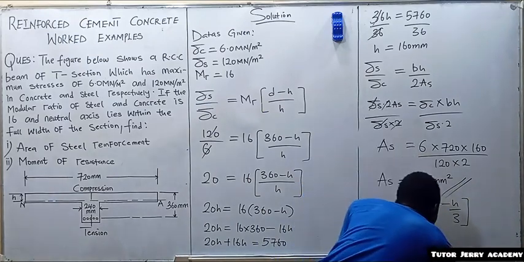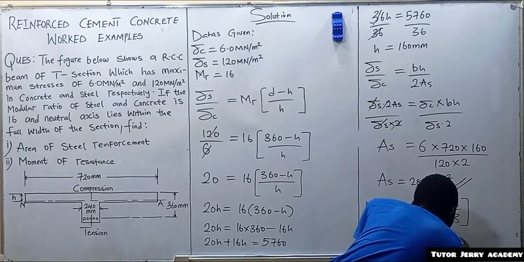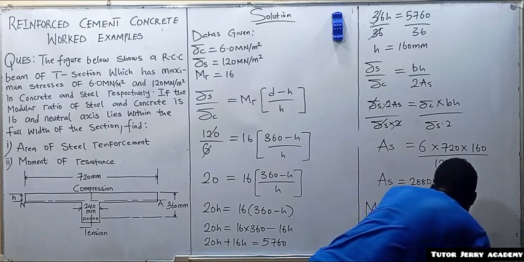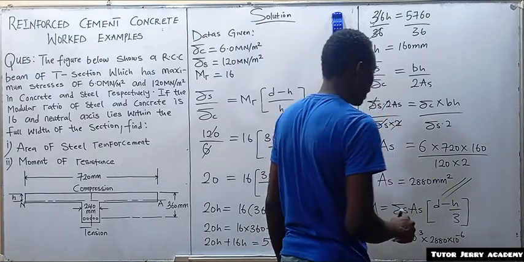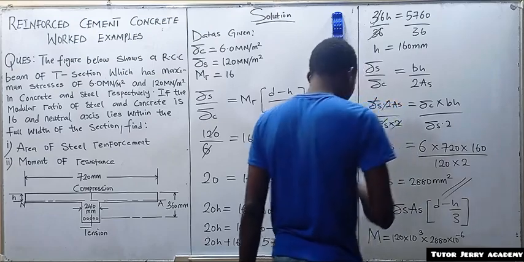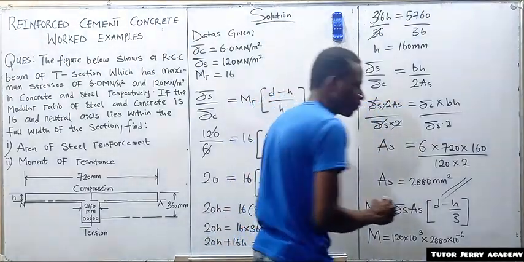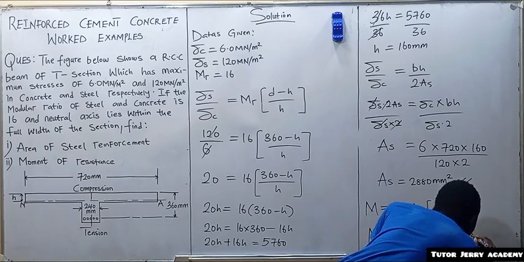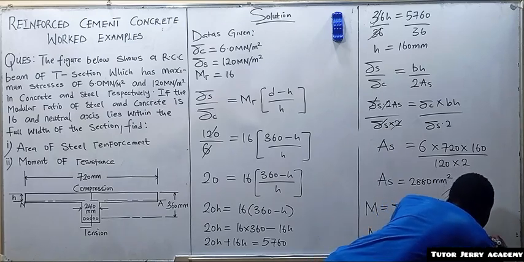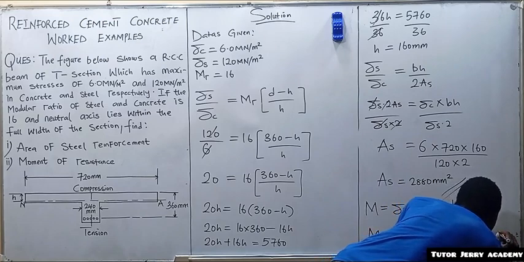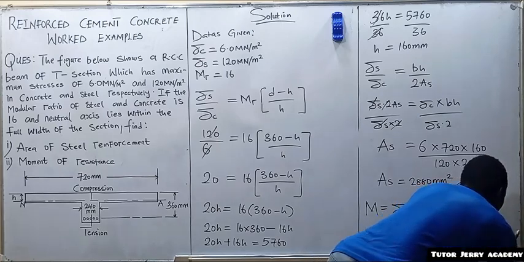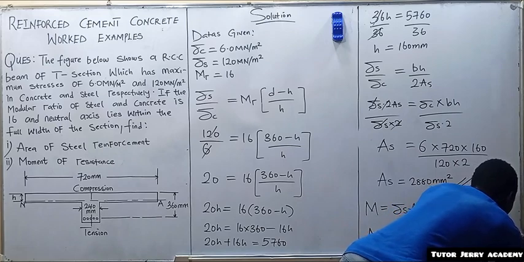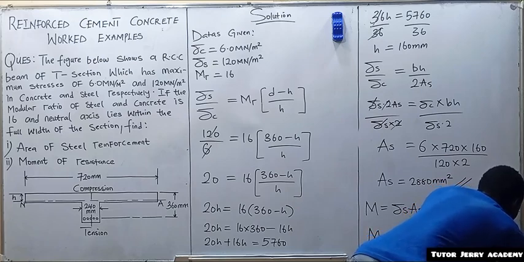So AS is 2880 times 10 to the power of minus 6, multiplying the bracket of 360 minus 160 over 3, multiplied by 10 to the power of minus 3.